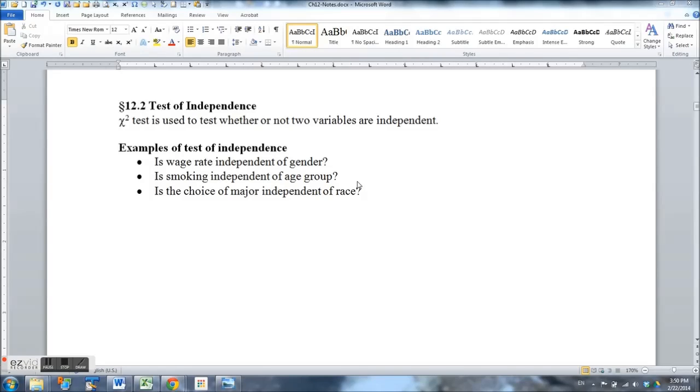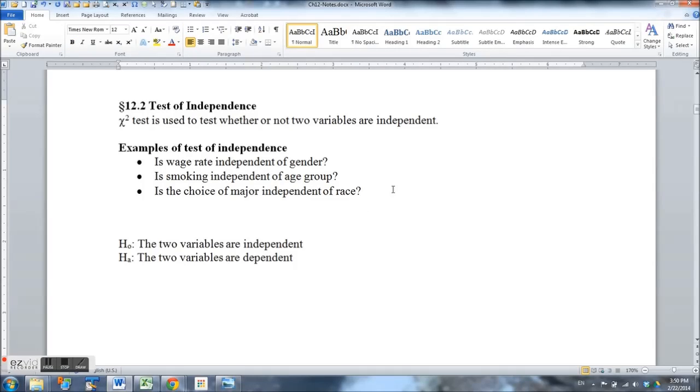Is there a relationship? The choice of major, like in college or business, is it independent of the racial grouping of students? So these are some examples of when we will use a test of independence using the chi-squared distribution.